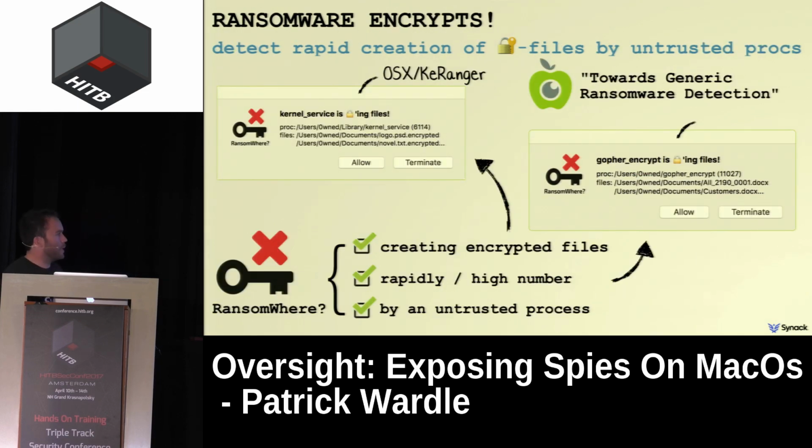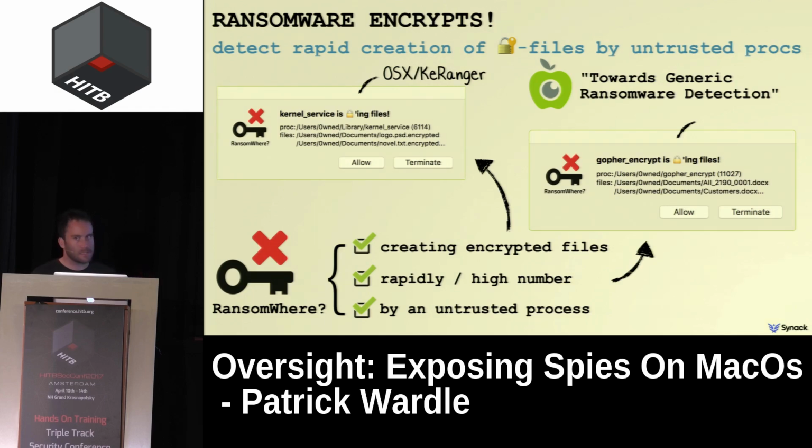Another thing that I think we should be able to generically detect and thus prevent is ransomware. So I wrote a blog about this last year called Towards Generic Ransomware Detection. And I made the rather obvious observation that ransomware creates many encrypted files, often very quickly. So I wrote another free utility called RansomWhere. What it does is it monitors the file system for the rapid creation of encrypted files by untrusted processes.